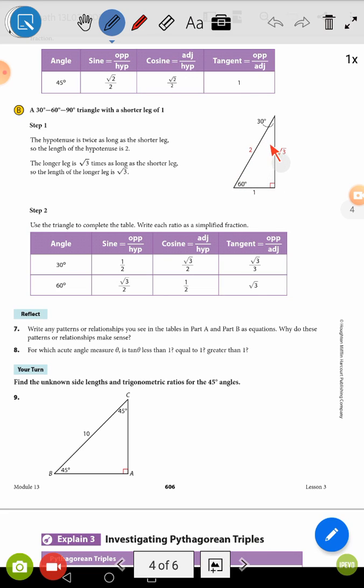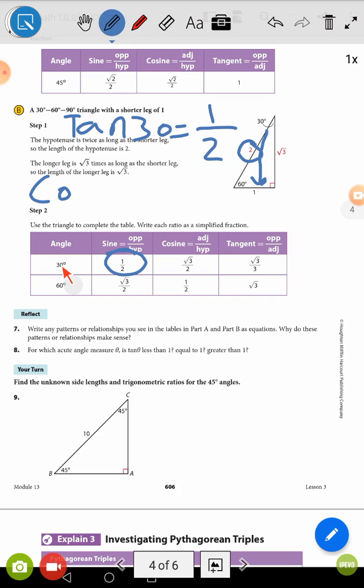From here I can find the value of sine 30 and cosine 30 and tan 30. How? Look at me, you took it before. I'm sorry, I'm talking about sine, not tan.